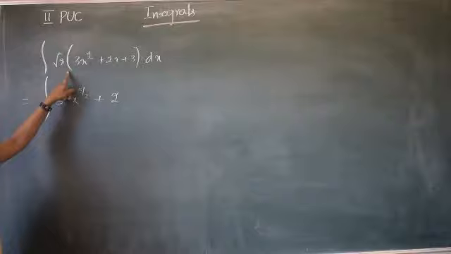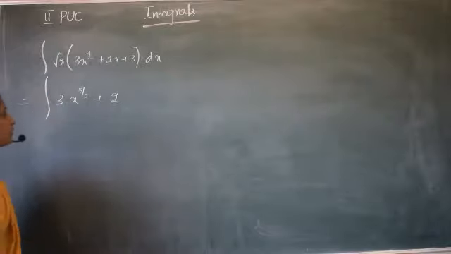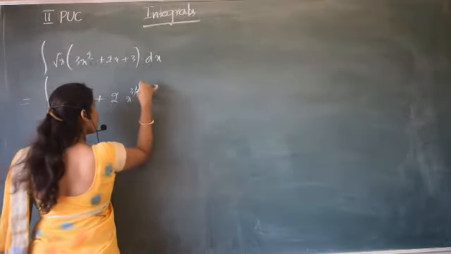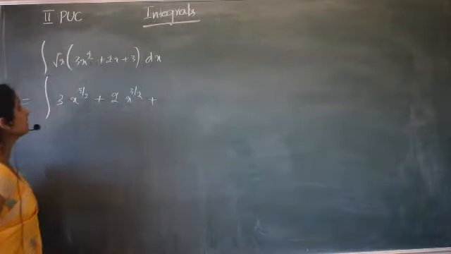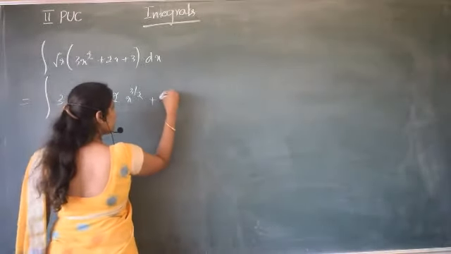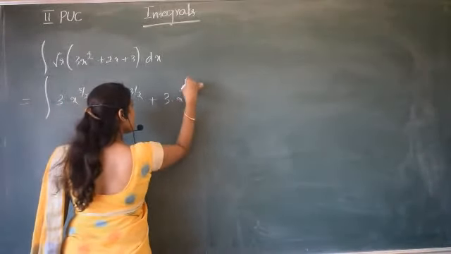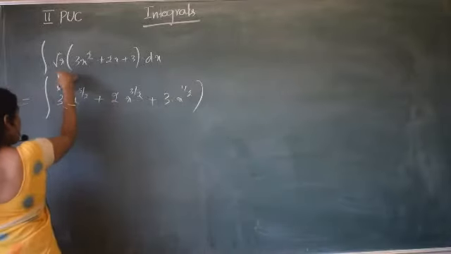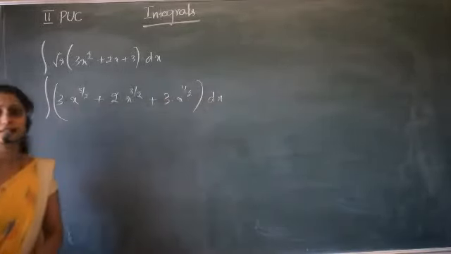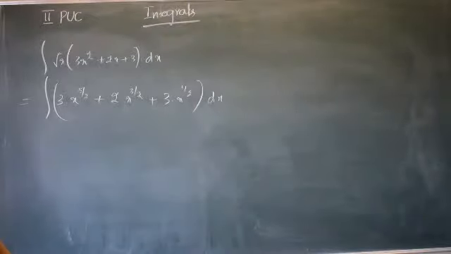So 1 plus half is 3 by 2. Plus 3 into root x, root x is x to the power half, so 3 into x to the power 1 by 2. Whole thing into dx.